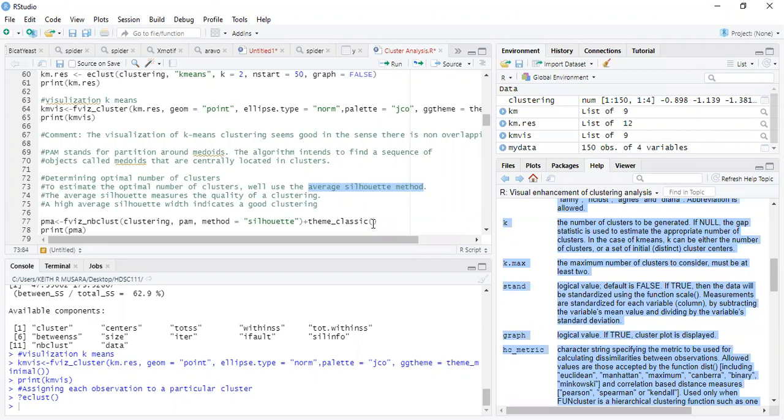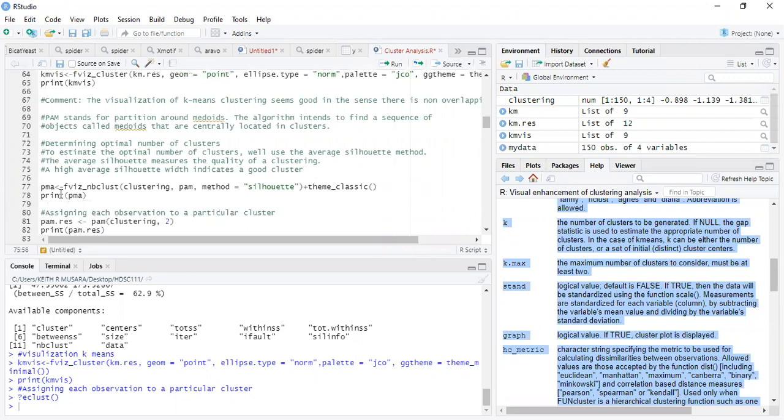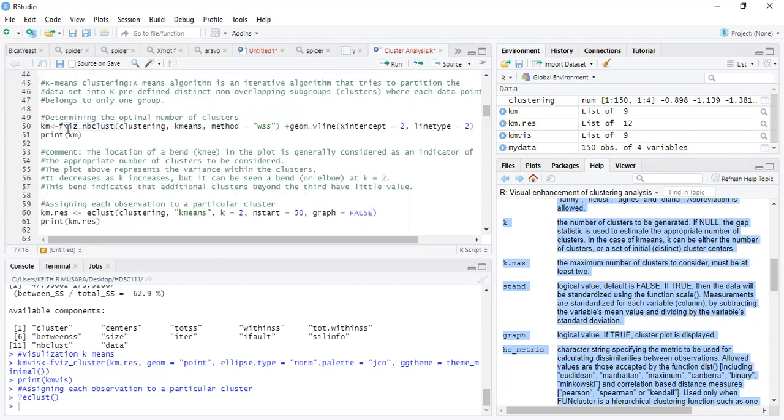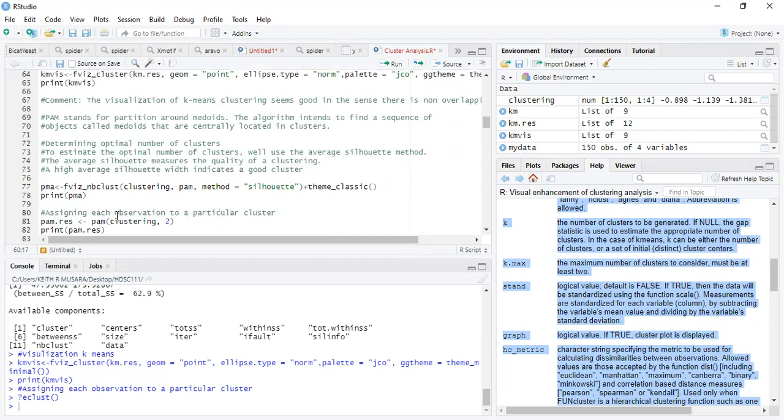A high average silhouette width indicates a good clustering. So you see, I repeat the same function. I think I did use it above, for determining the optimal number of clusters. If you check on k-means, this is the function. So you can come up with a better visualization than what I have done, which explains our results better.